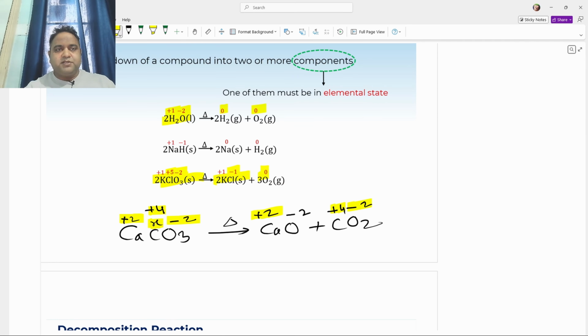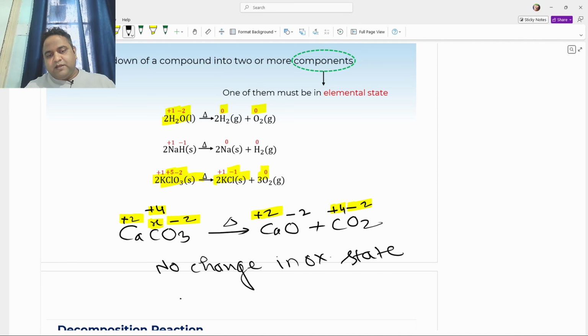No change in oxidation state means it is not a redox reaction. For a redox reaction, there must be a change in oxidation state. What is not changing? There is no change in their oxidation states. No change in oxidation state leads to no redox reaction. It's a kind of no redox reaction.